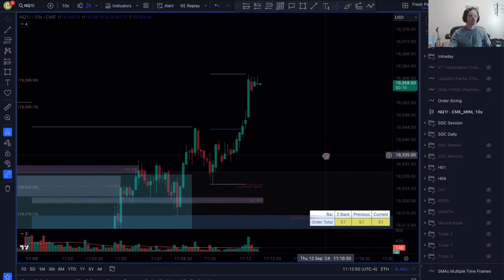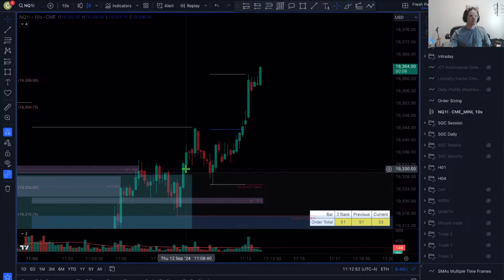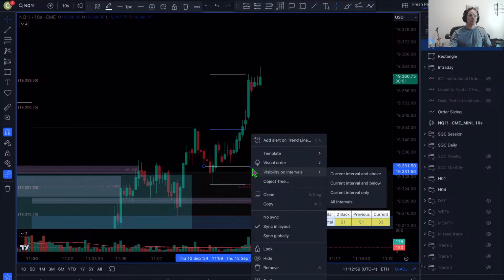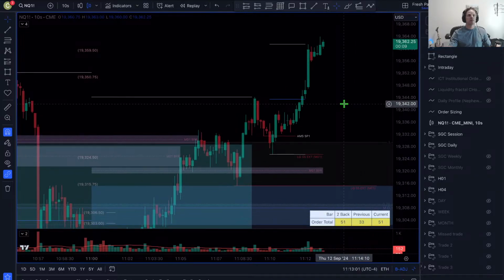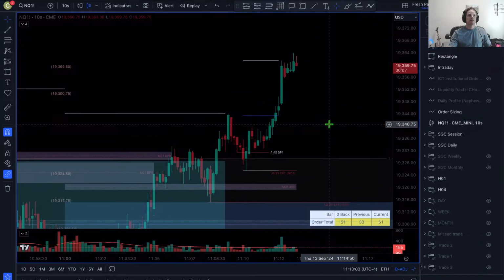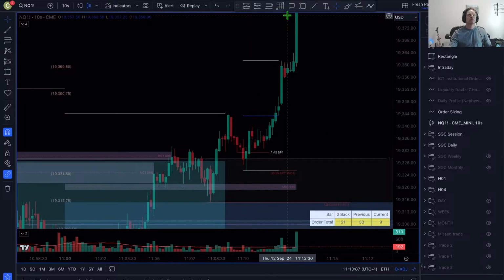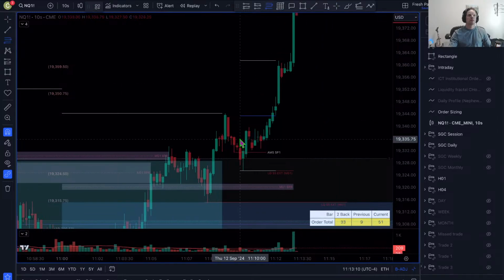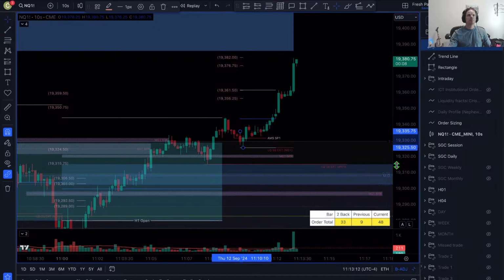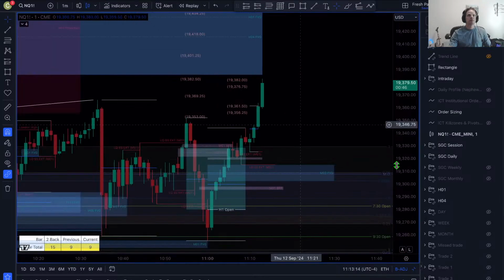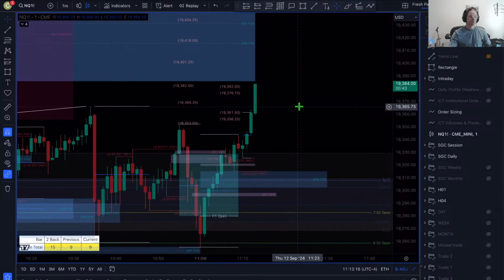Dadgummit, there's AMS right there. That was the entry. Missed it. There we go. I was tracking that, didn't see it. Missed it.